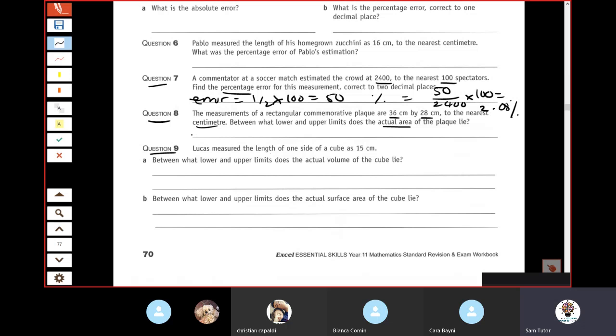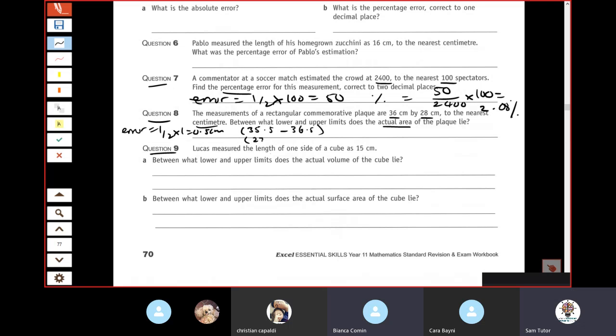So the area works like this. Christian and Bianca, that makes sense? Yeah. So what we're going to do is first find my error. Error equals half of 1, which is 0.5 centimeters. So that means the lowest this could have become is 35.5 to 36.5. And then same thing with the other one.